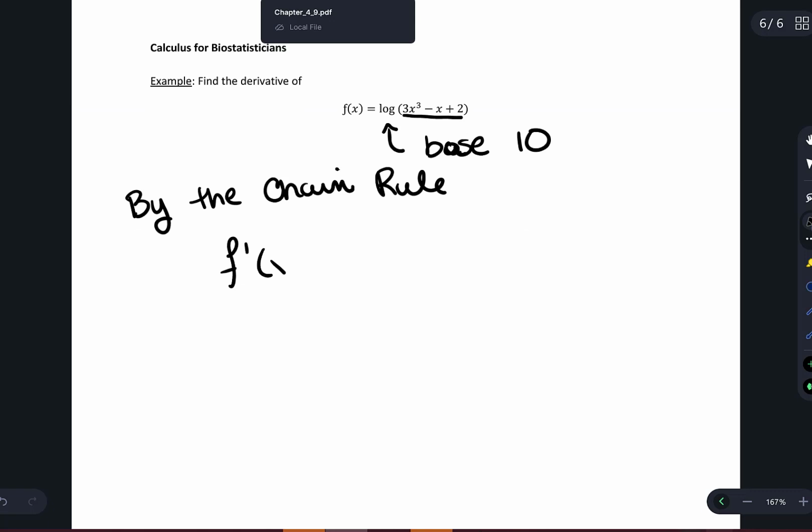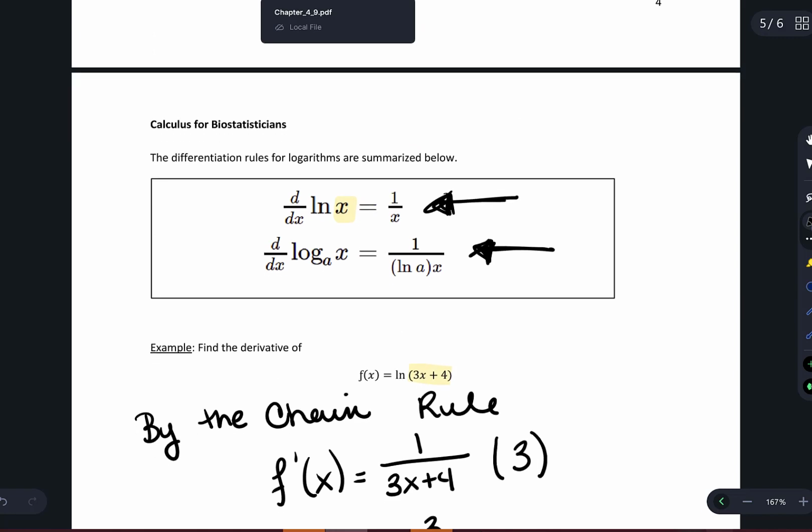we have f prime of x is equal to 1 divided by log of 10, because again we have base 10 here, times what's inside the log function, 3x cubed minus x plus 2, and again this is coming from this rule right here.